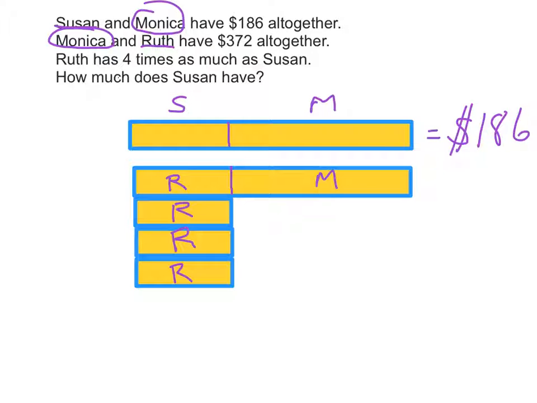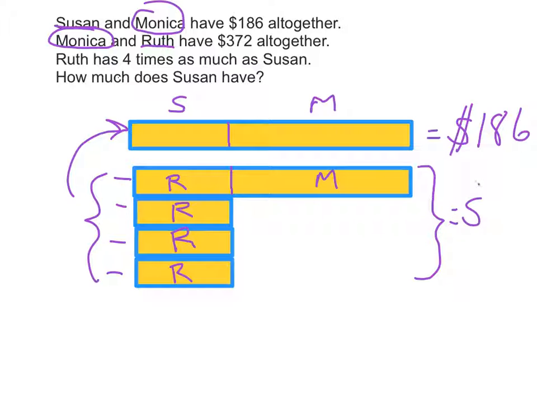And now these 4 are 4 times as much as Susan. So I think we've got it set up, except for a label on the bottom picture here. This one, Monica and Ruth together, should be $372.